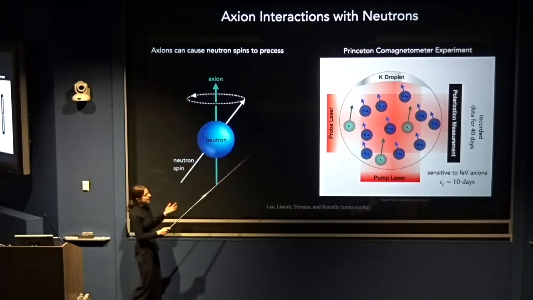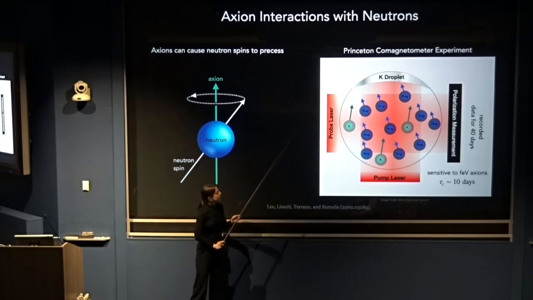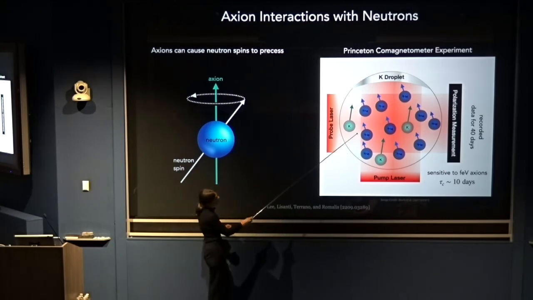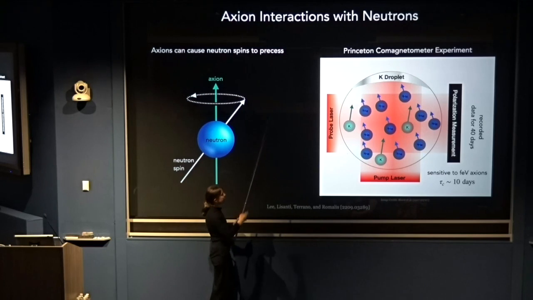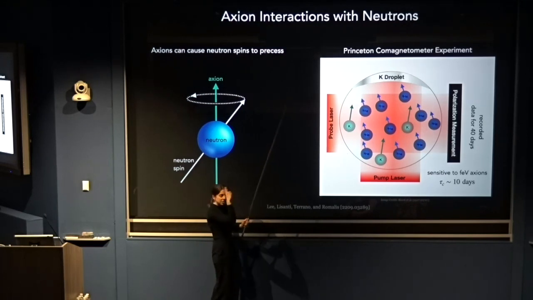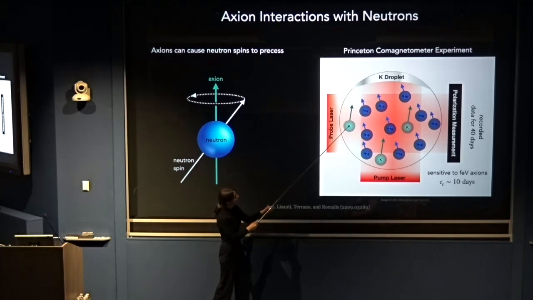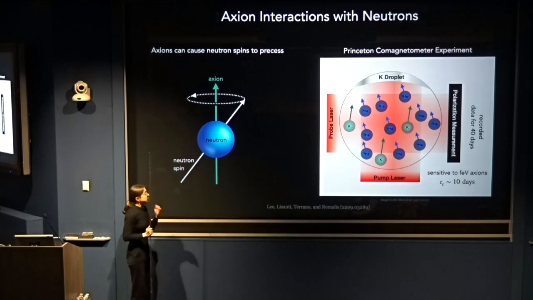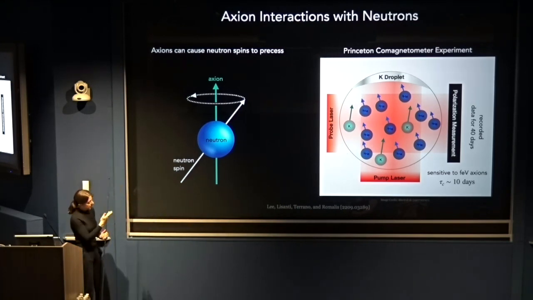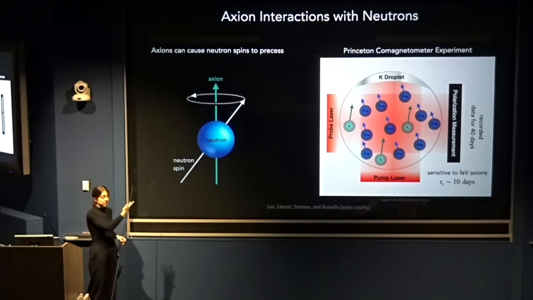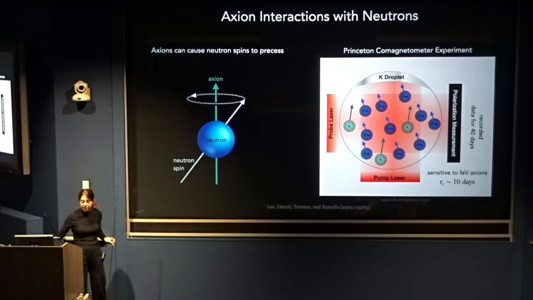So if there was an axion present, these helium-3 spins would start precessing like this. Once the helium-3 starts spinning, that causes the potassium to start spinning a little bit. And then you probe the spin of the potassium and measure that out. So this was data that my colleague, Professor Romalis, had that we were able to go in and see if we could search for some of these signatures.